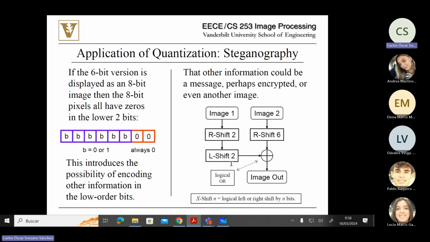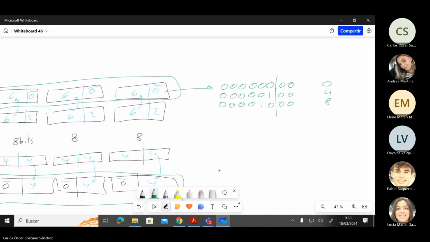And this is how you can do that. So let's look at this part. You take the image, so the byte, so you take the band of that image. You do a right shift by 2 bits, and then you do a left shift by 2. Let's see how that works.